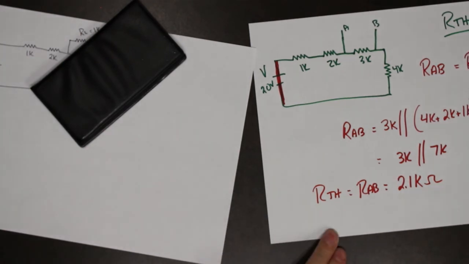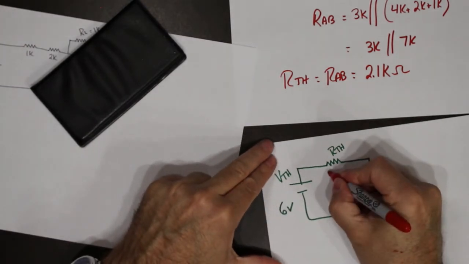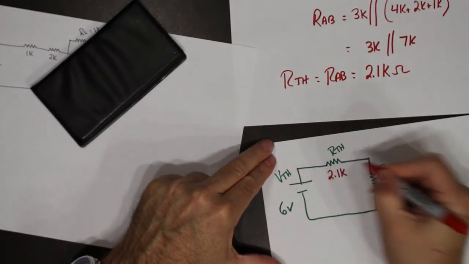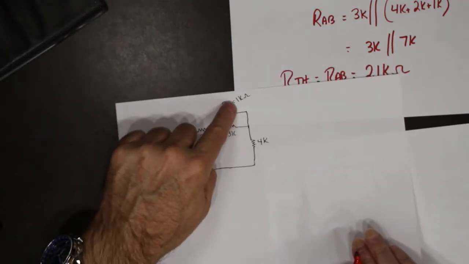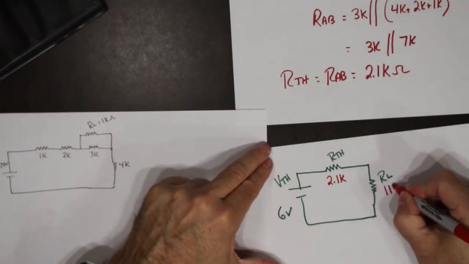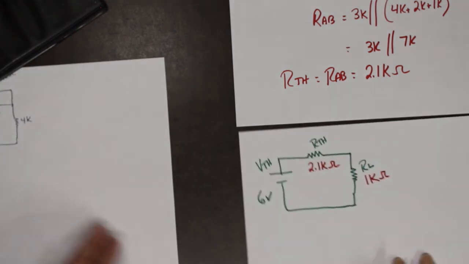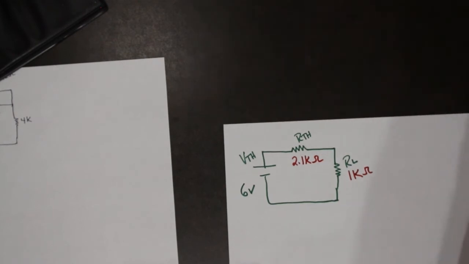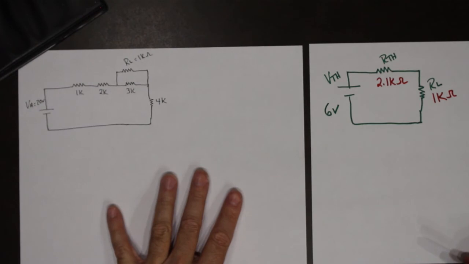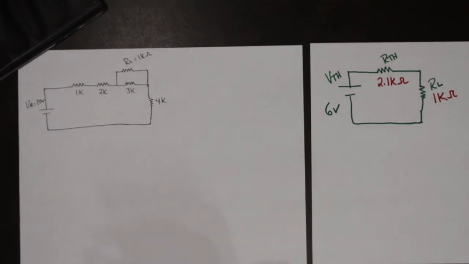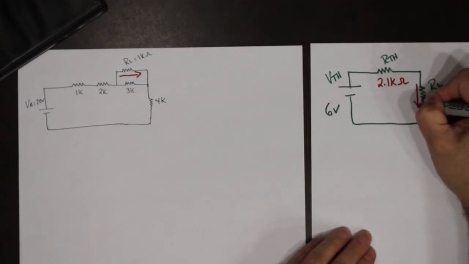So now we'll bring back our Thevenin's equivalent. Put it here, 2.1K. The load value, so if we go back to our original, the load value was 1K, so it belongs here. In order to prove that these two are equivalent, they must have the same current through the load.